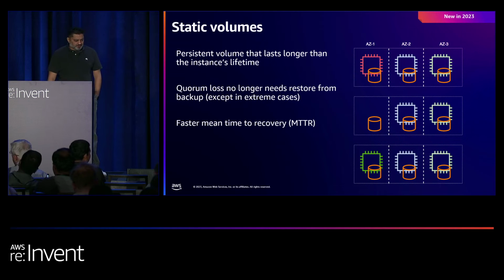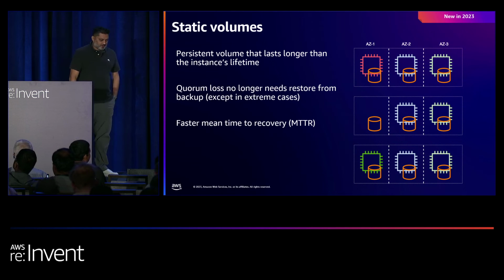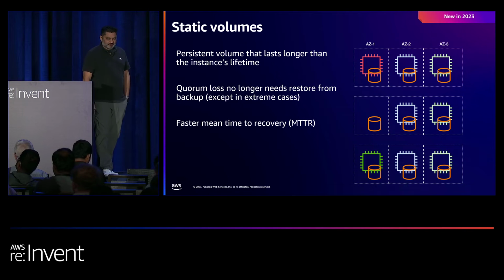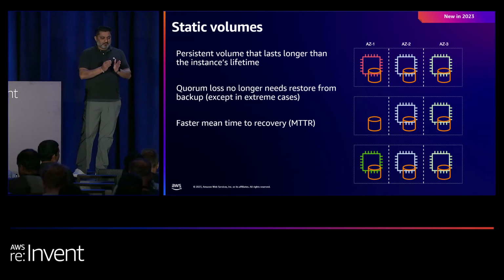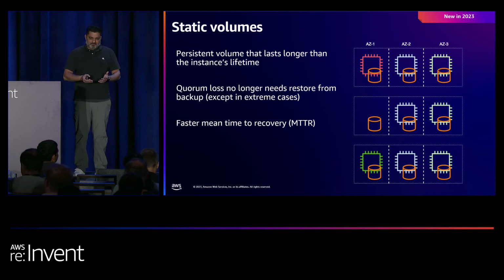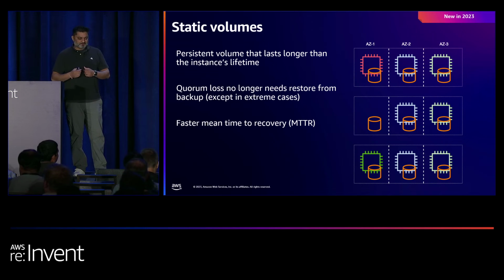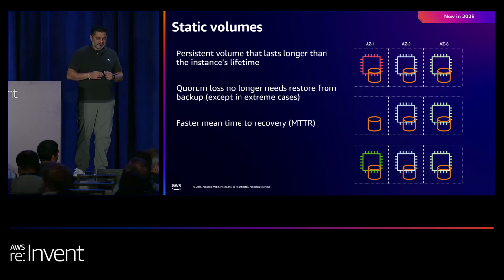Okay, so in 2023, we moved etcd to static volumes. So there's a single volume per AZ, per cluster, and the lifetime of that volume is the lifetime of the cluster. For example, if an instance in AZ1 were to fail and it gets replaced by another instance, the volume is moved to the new instance, and that instance joins as a follower to the cluster.